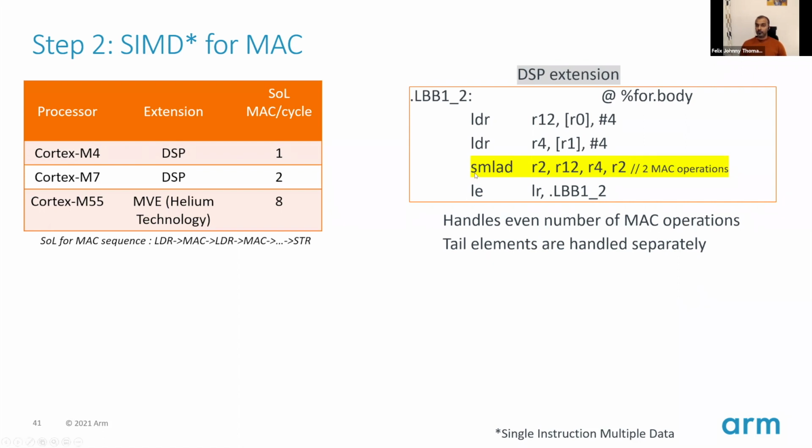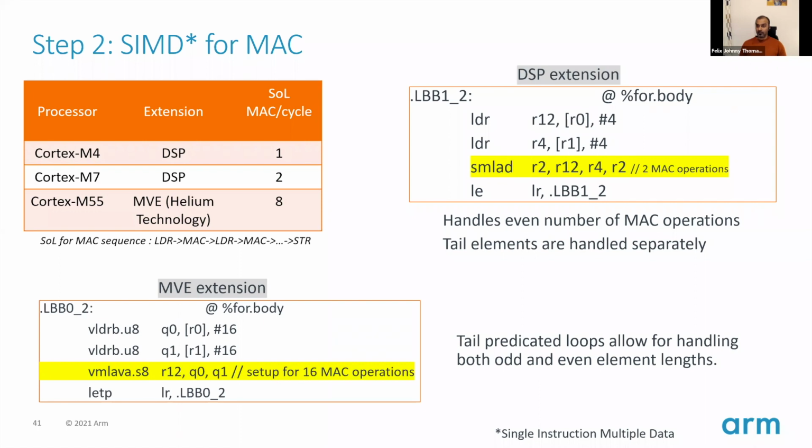You see the smlad instruction, which is the SIMD equivalent for a MAC. That instruction is capable of performing 2 MAC operations in 1 cycle, and that is where you use the processor's capability.